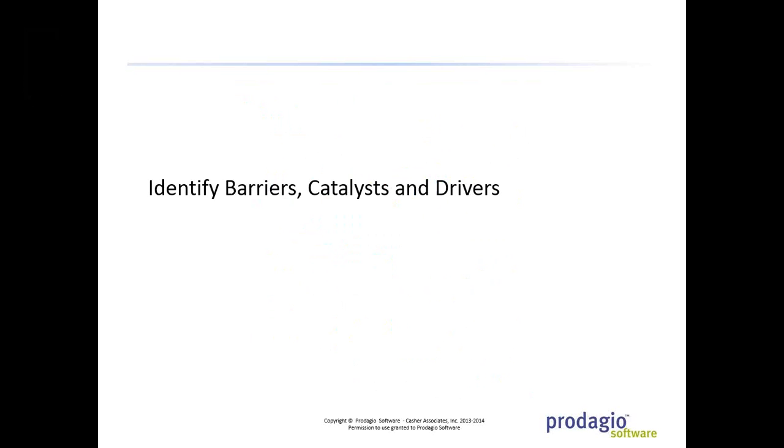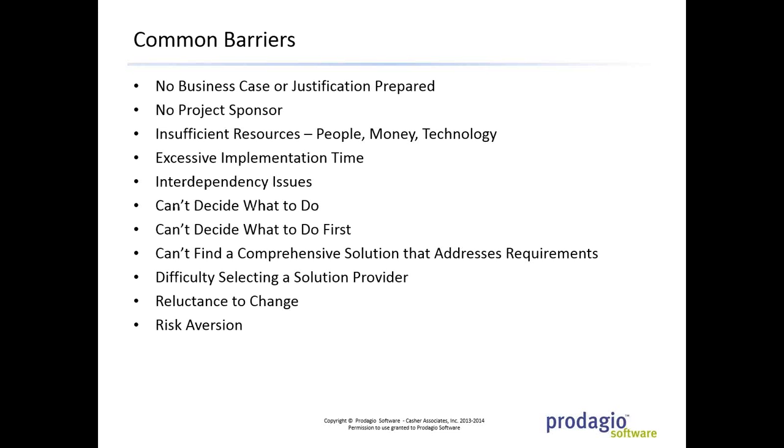One of the next steps, once you've really understood your actual current process, and in fact, in the second webinar in this series, we will actually go through in more detail so that you can better understand what your process should be. But I do want to talk about why automation doesn't happen. And this is pretty important.